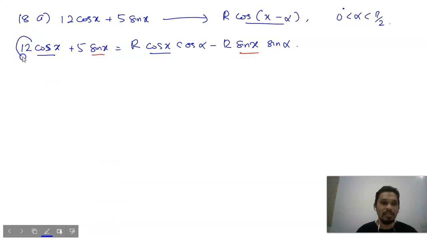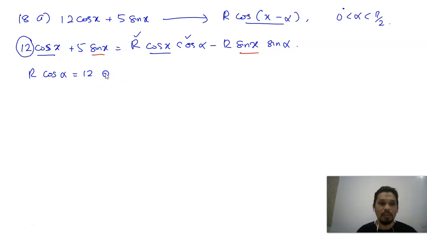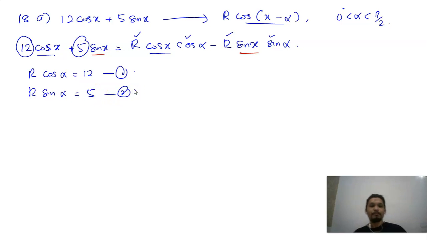Now we compare this 12 with r cos alpha. R cos alpha equal to 12 as in equation 1, and this 5 with r sin alpha. R sin alpha equal to 5.